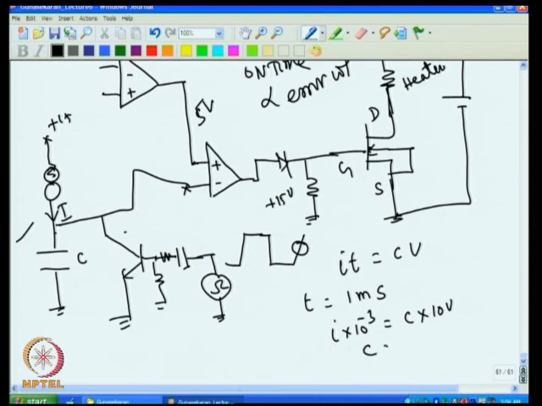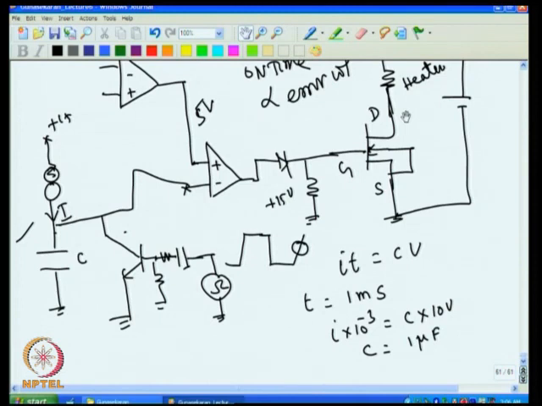For example, C can be 1 microfarad, and then you get I, and you make a constant current source of that value. That will give you the sawtooth wave here, which will be compared with the reference, and that will drive the heater on and off.